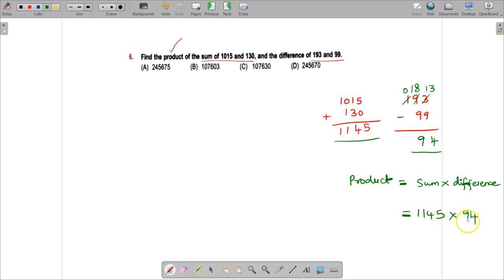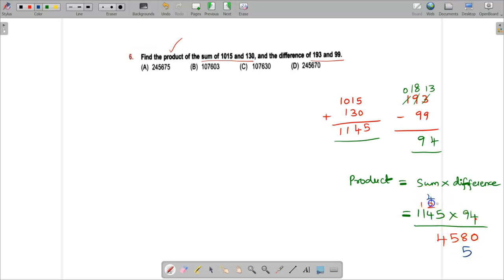So let us multiply these two numbers. 5 4s are 20, so 0 here, balance 2. 4 4s are 16, 16 plus 2 is 18, so 8 here and balance 1. 4 1s are 4, 4 plus 1 is 5, and 4 1s are 4. So it is 4580. Then coming to the next one, 9 5s are 45.